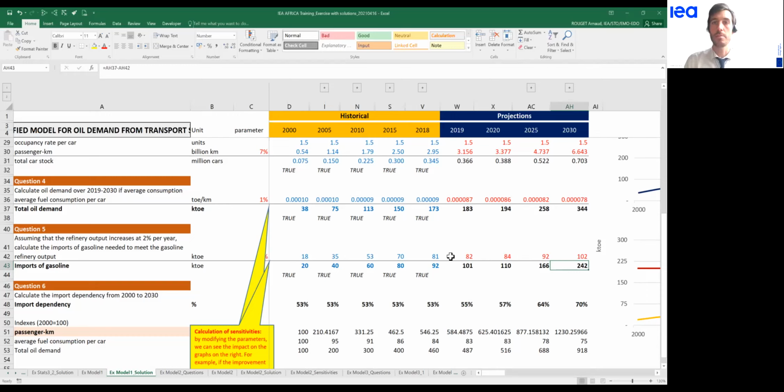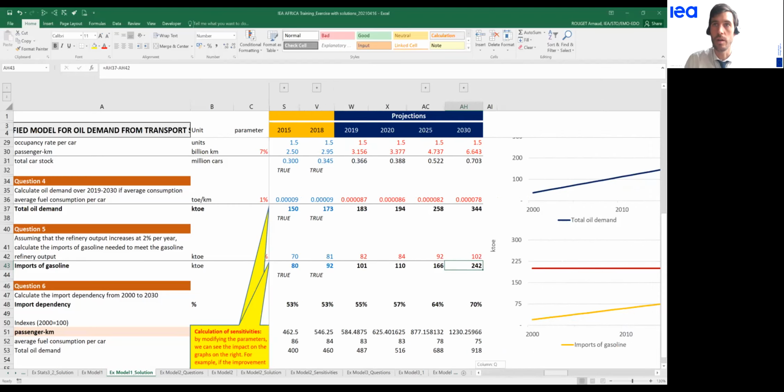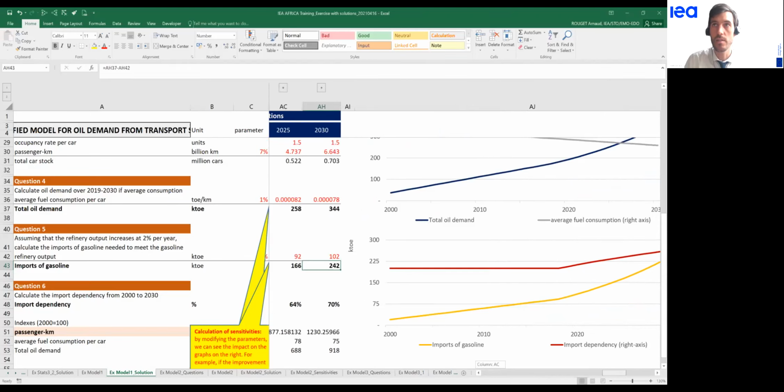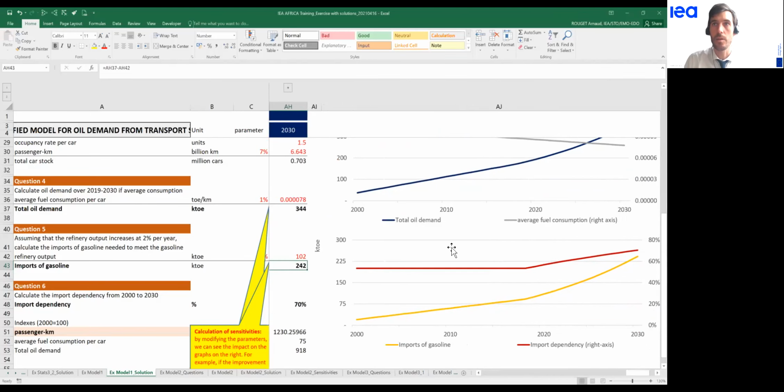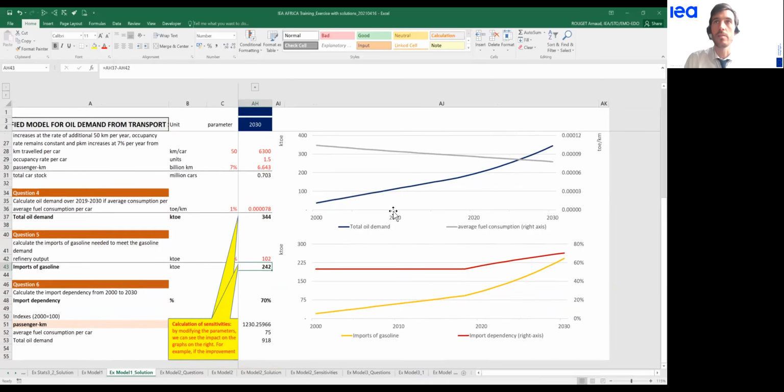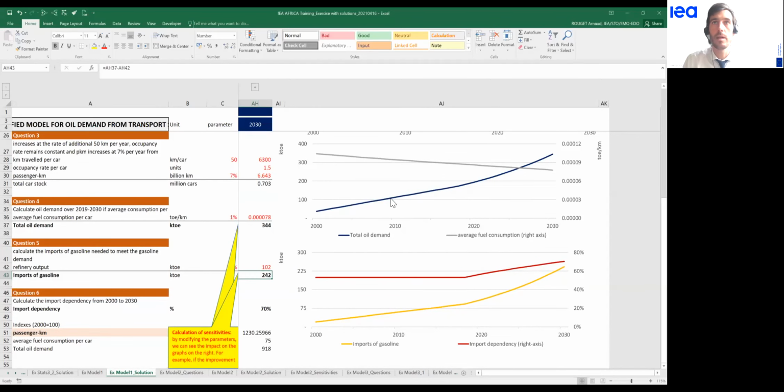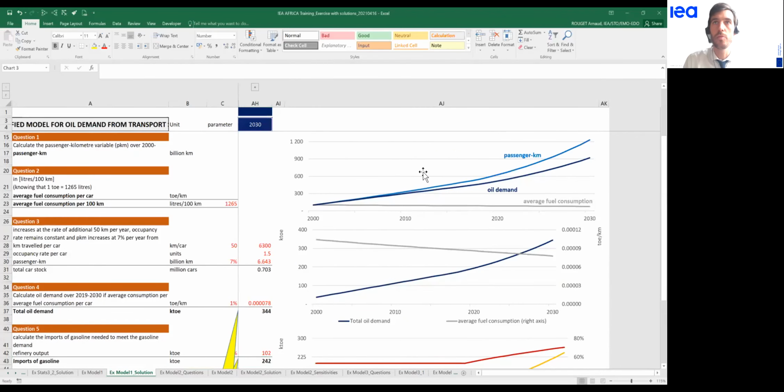And the last part, which is where it really enters into analysis, is to put these into figures and charts. Sorry, it's a bit slow. So on the first one, you can see how over time the oil passenger kilometer variable rises, and how oil demand would also increase.